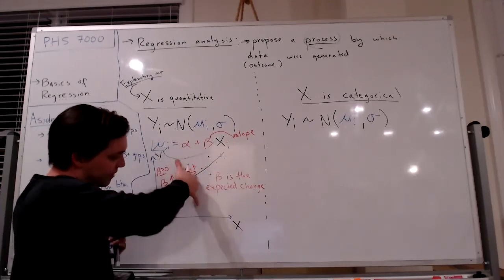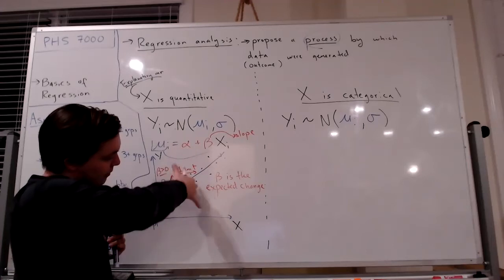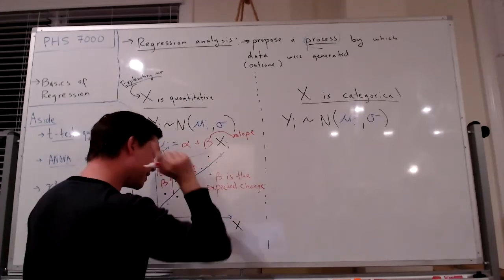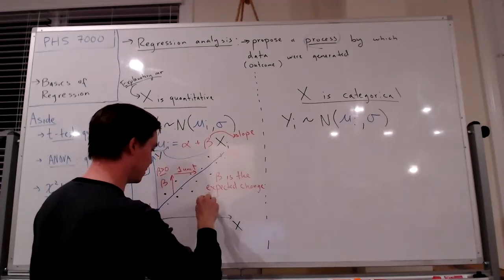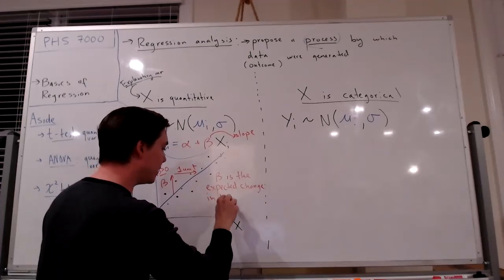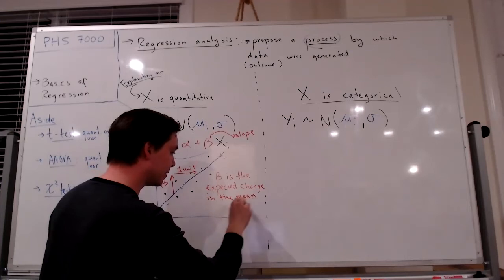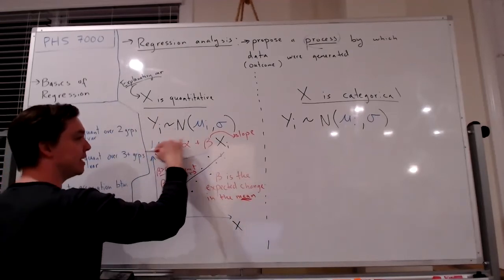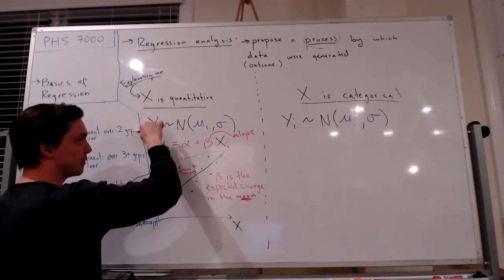But I can just turn this entire thing 90 degrees. Beta is the expected change in the mean. It's very clear that we're parameterizing the mean here. It's not the actual variable itself.